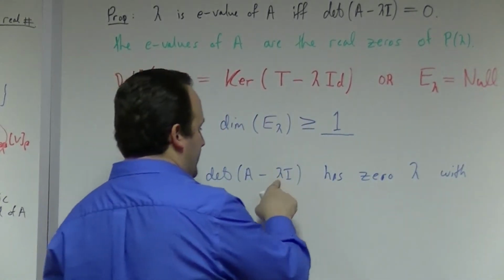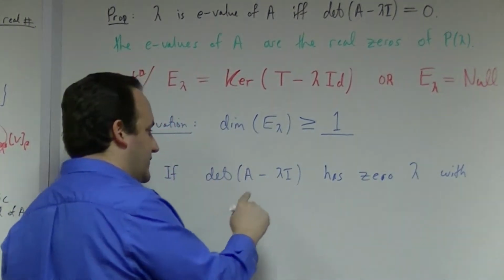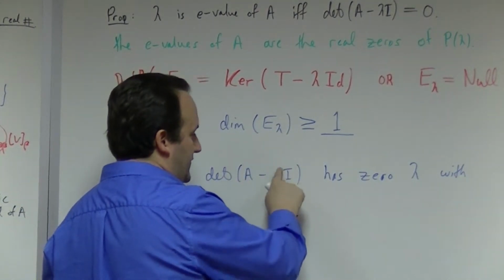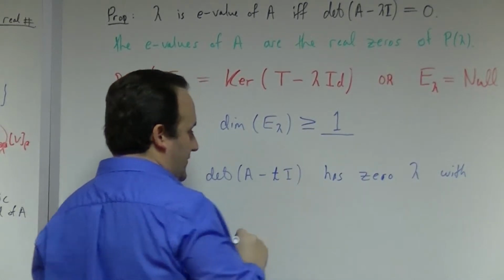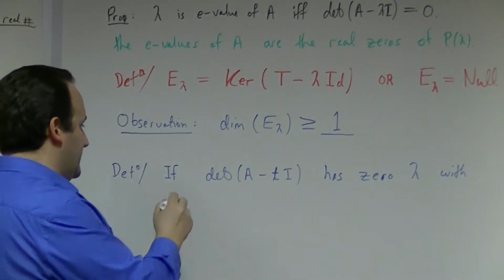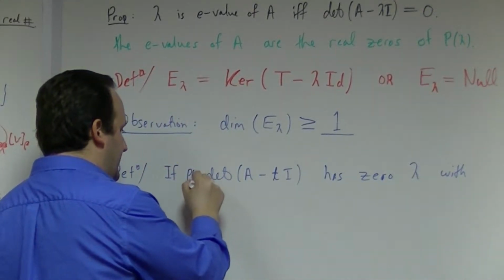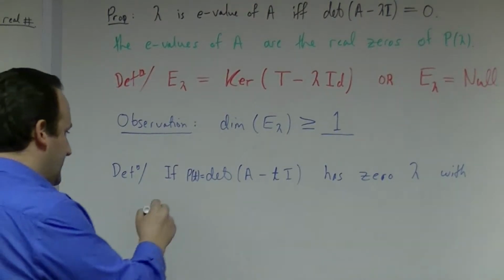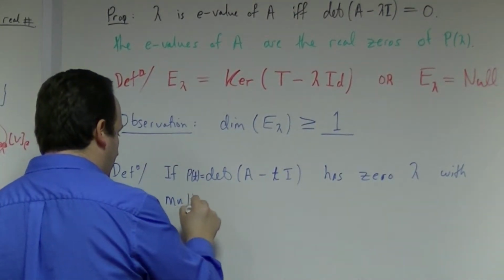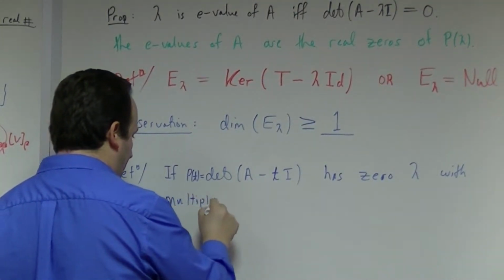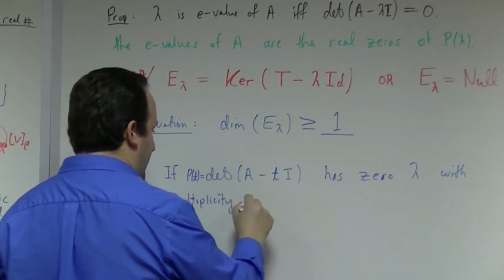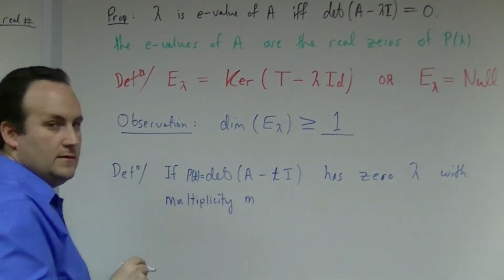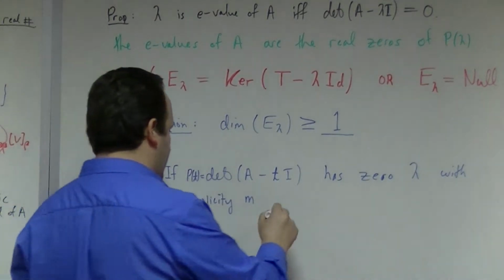And I tell you what, instead of using lambda here, just to make it less ambiguous for those of you who don't like to think this way, let's put a T here. So here I'm looking at the characteristic polynomial using T as a variable, P of T. So suppose that the characteristic polynomial has 0 lambda with multiplicity M, right?